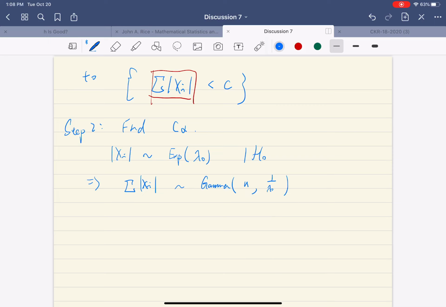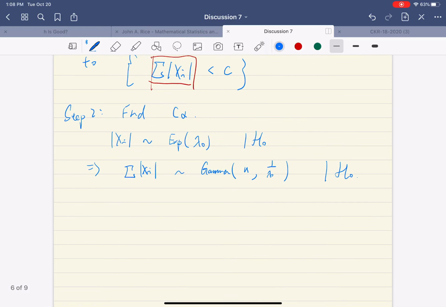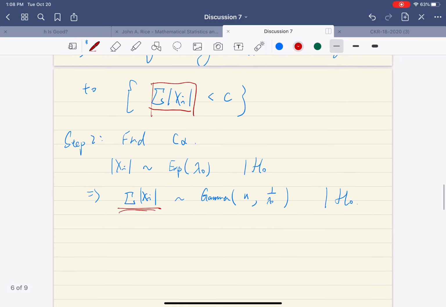So this is under the null. Now we know the distribution of this, so we will be able to find the truncation C alpha.